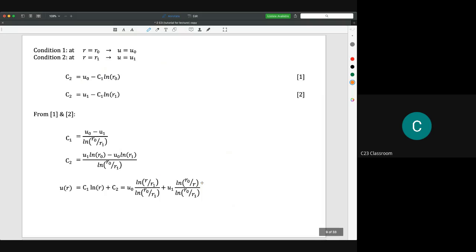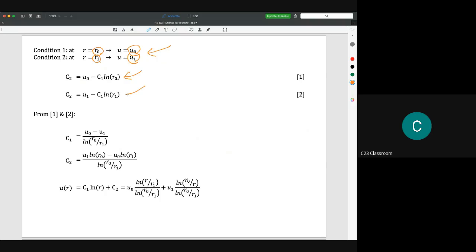Then we need to give the boundary conditions. Depending on the first situation, at r equal to r naught, u becomes u naught, and if r is equal to r1, u is equal to u1. We substitute into the equation, so we find the constant C2 can be written as this.